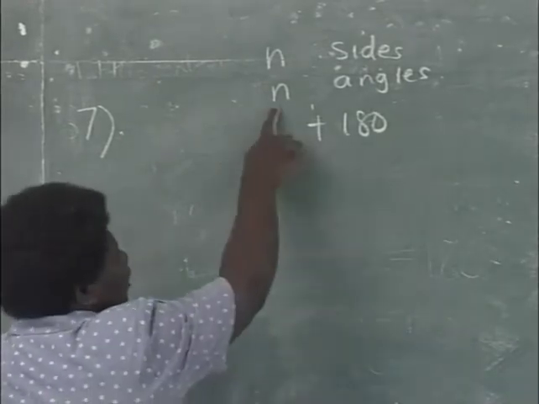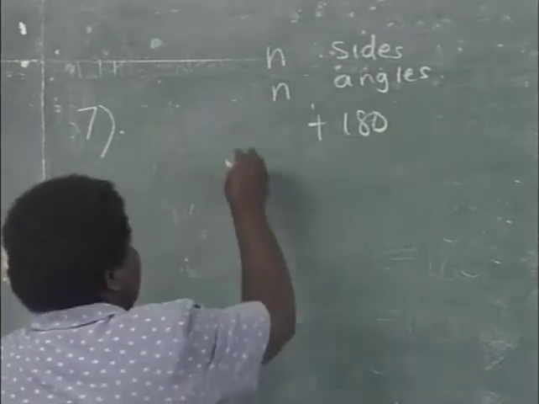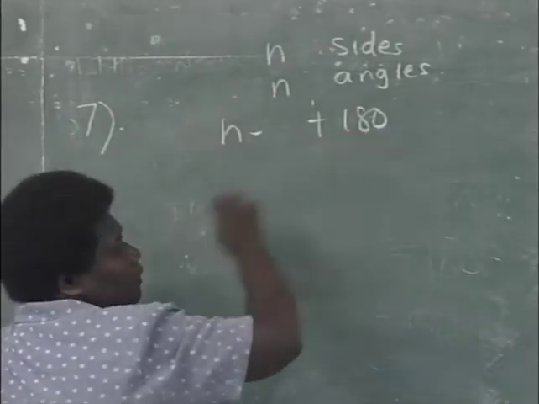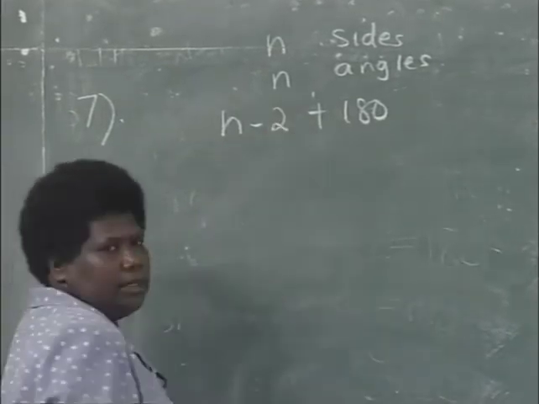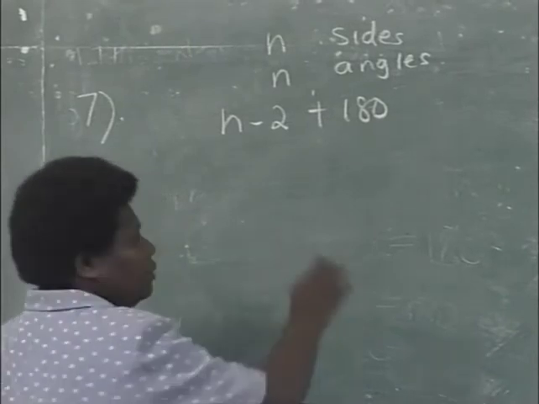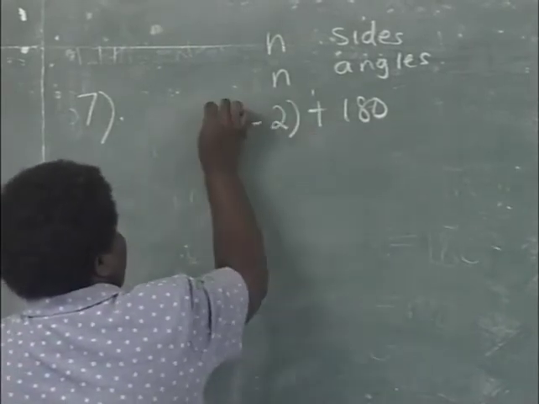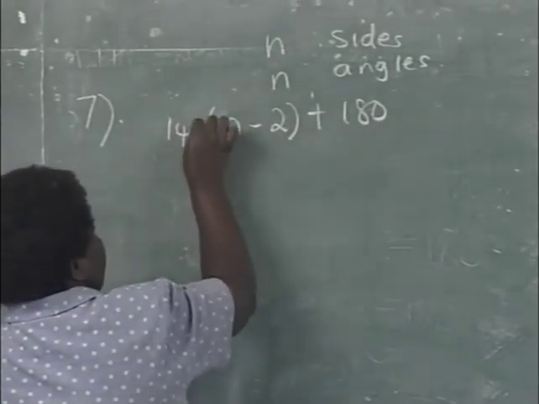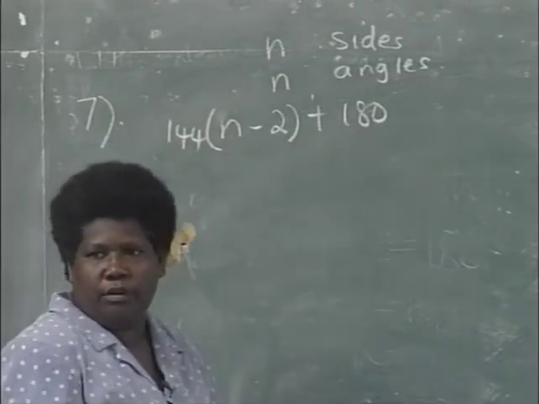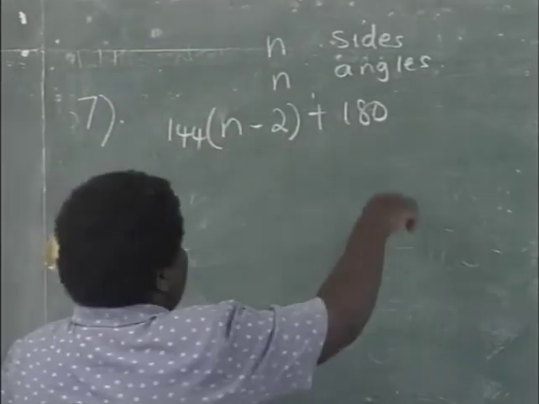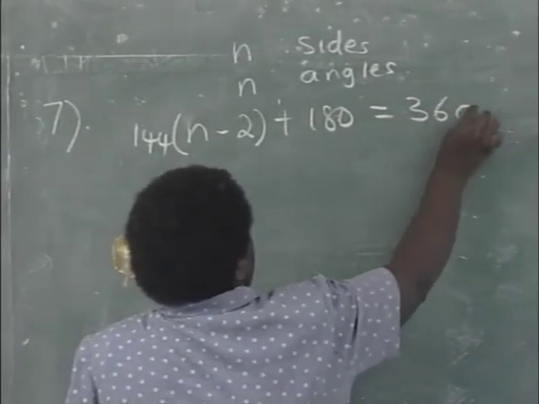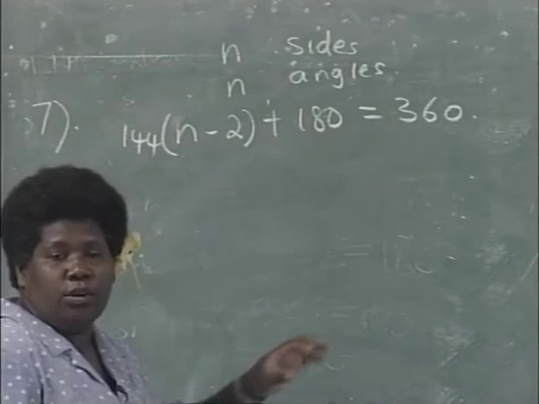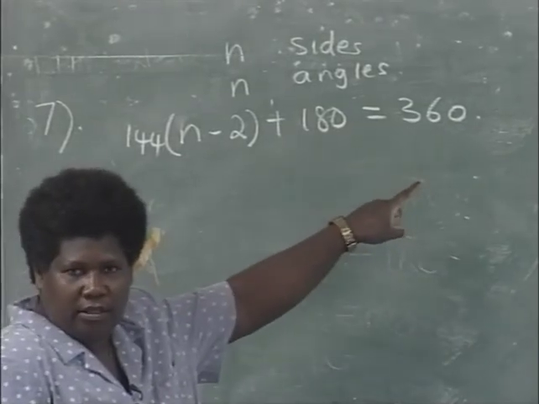So if this polygon has n sides and n angles, then if 2 are already 180 degrees, the number of angles left is n minus 2. And then you multiply that by 144 because each of them are 144 degrees. Then this will be equal to 360. Okay, I used exterior angles.